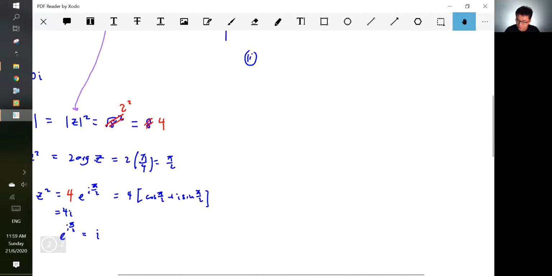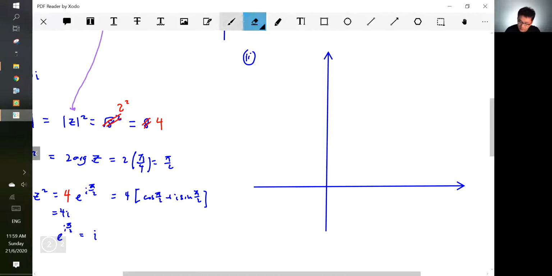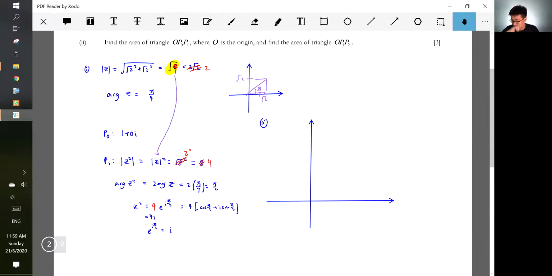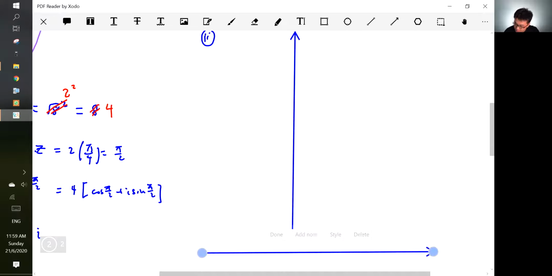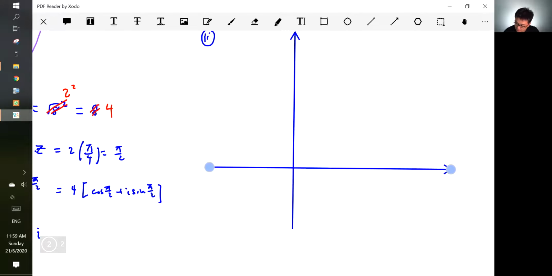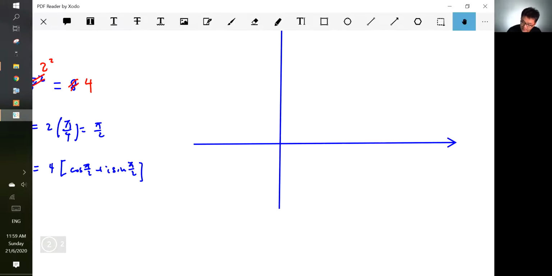We are going to draw this on the Argand diagram because you might not be sure how it looks. First, we plot P0. P0 is pretty straightforward: 1 plus 0i is here.